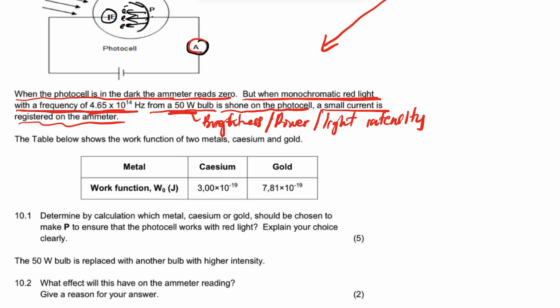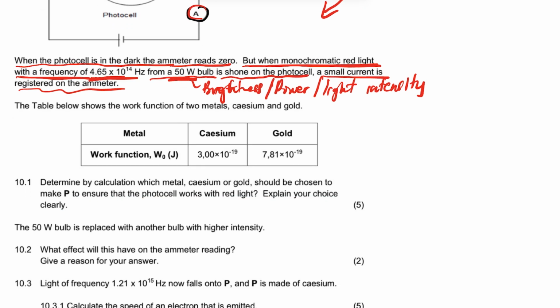Now it says in 10.1, determine by calculation which metal, cesium or gold, should be chosen to make metal P to ensure that the photocell works with the red light. Explain your choice clearly. So we're going to do it by calculation.